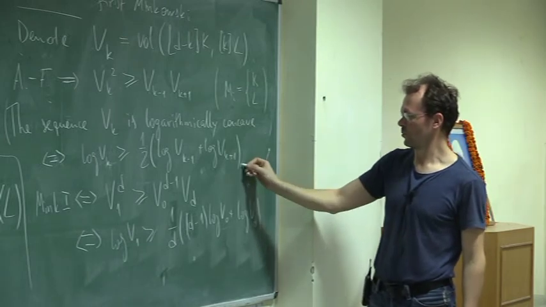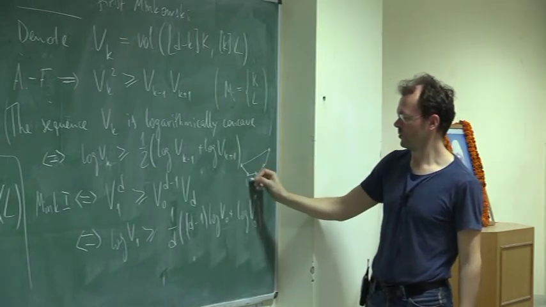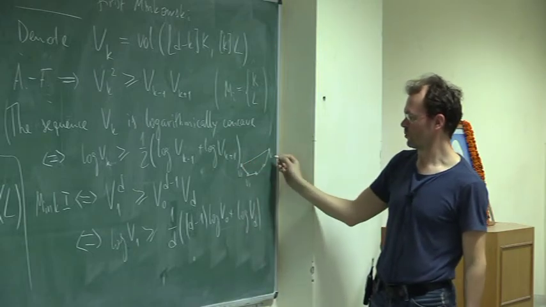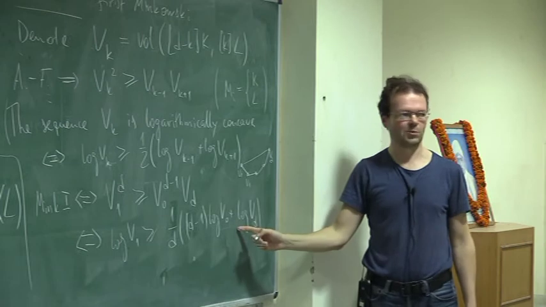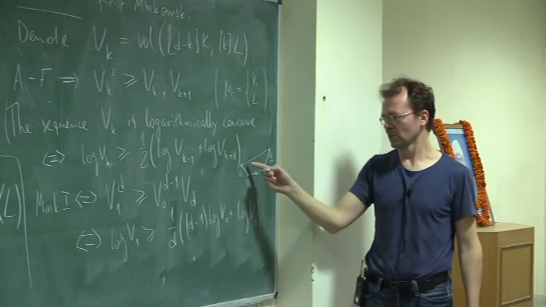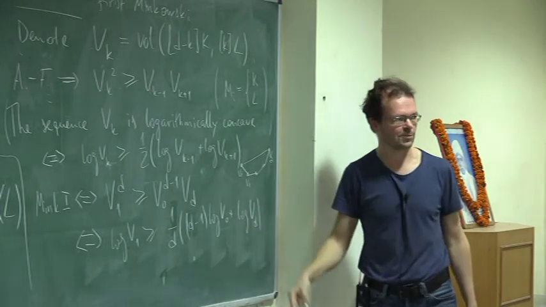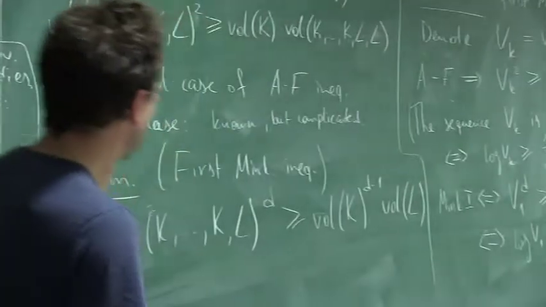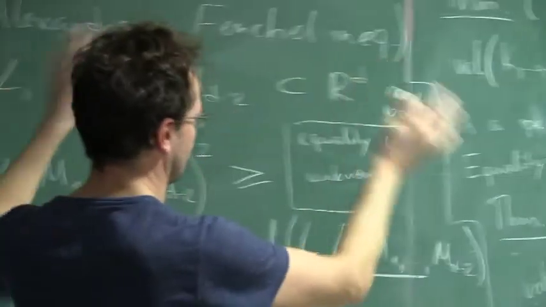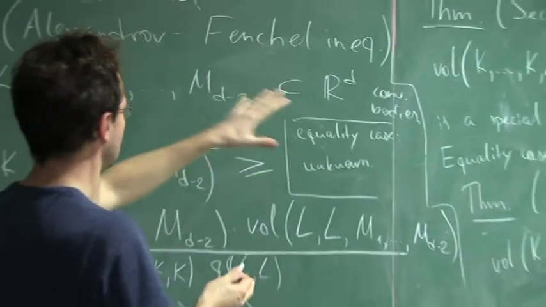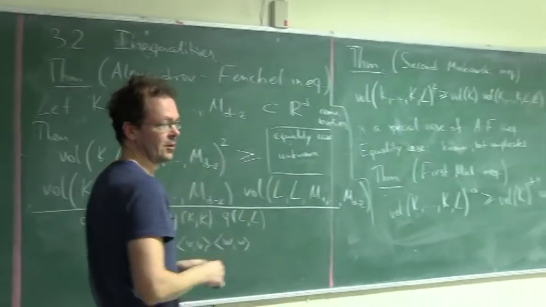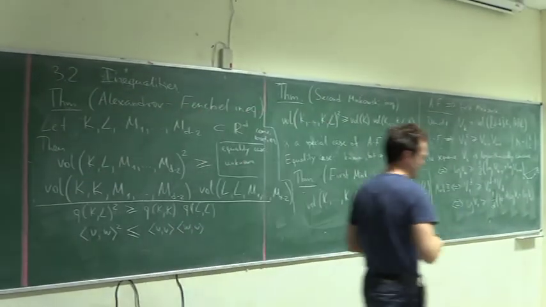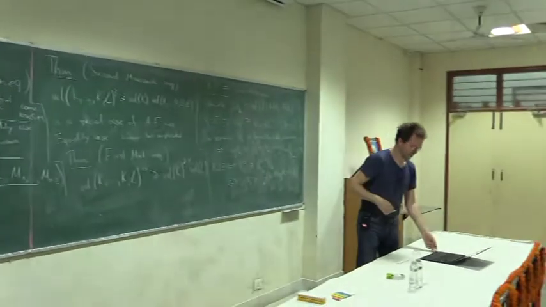But if it makes this turn, then of course this volume V1 and the volumes V0 and Vd are related by that inequality. So somehow local concavity implies global concavity. So all these inequalities are very closely related. First Minkowski, second Minkowski, and Alexander-Fenchel, they are all from the same place.